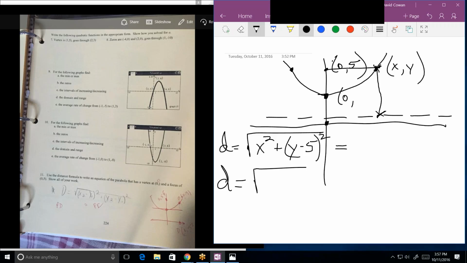It's the square root of x. The x doesn't change, right? In other words, the x coordinate of the directrix point is the same as the x coordinate of this point, since I drew a vertical line. So can you see that x sub 2 minus x sub 1 is 0?